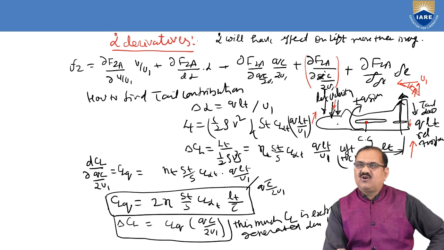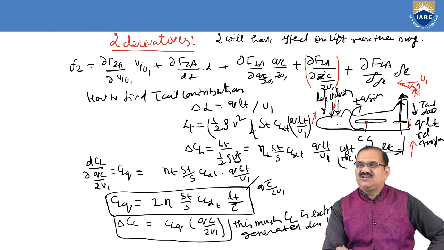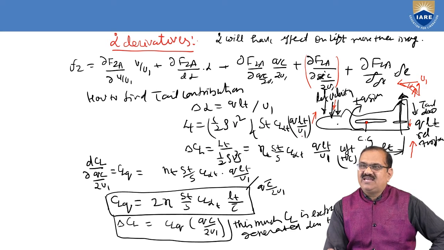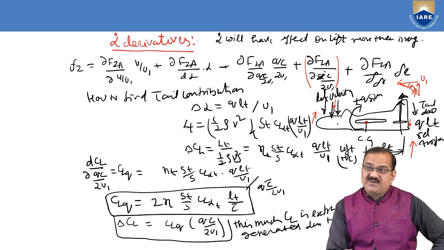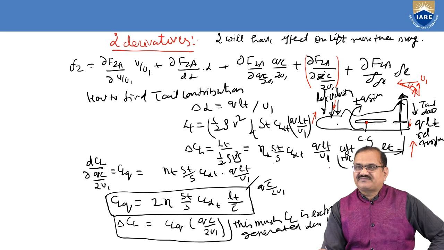Okay, so this alpha is equal to QLT by U1. So LT, lift by the tail, is equal to half rho V square T ST CL alpha T QLT by U1. So the coefficient of lift is equal to LT by half rho V square S. So this will become eta T ST by S CL alpha T QLT by U1.